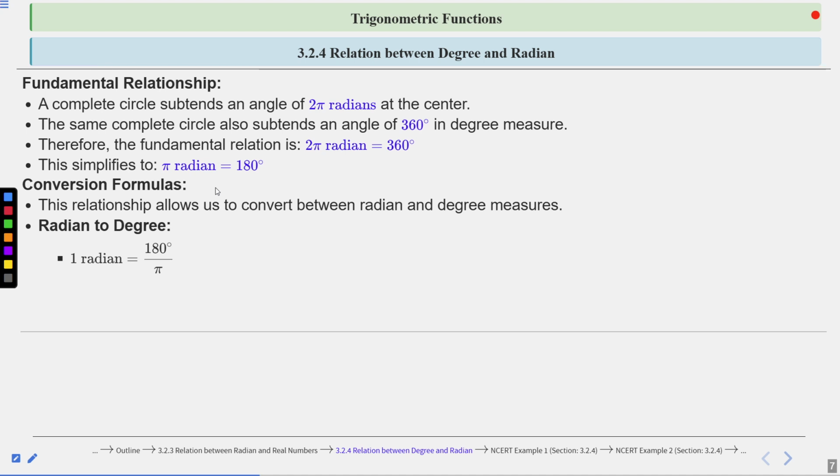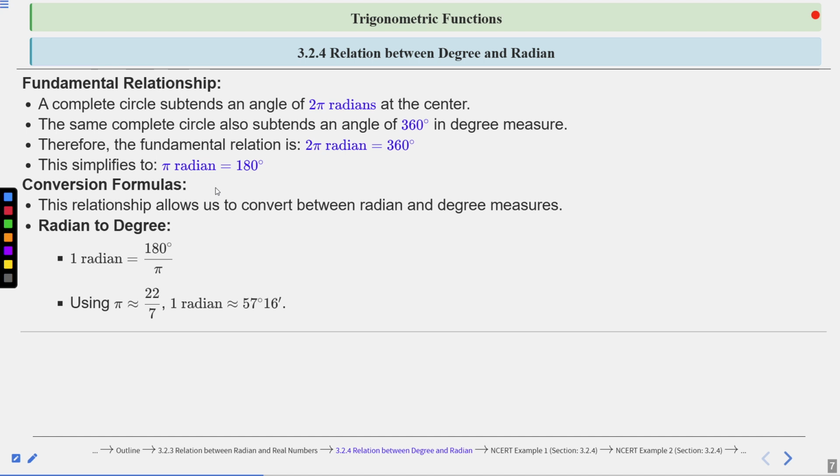So from the above, pi radian is equal to 180 degrees. You can say that 1 radian is equivalent to 180 degrees by pi. Just assume that this constant pi is approximately the same as 22 by 7, this fraction.